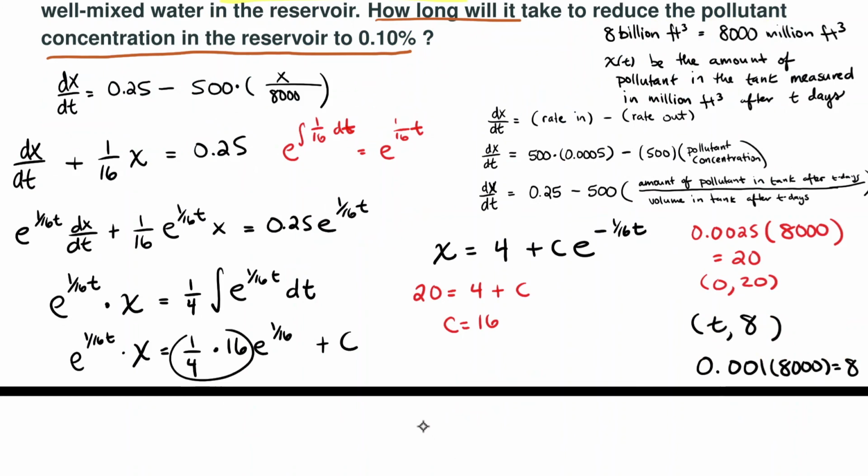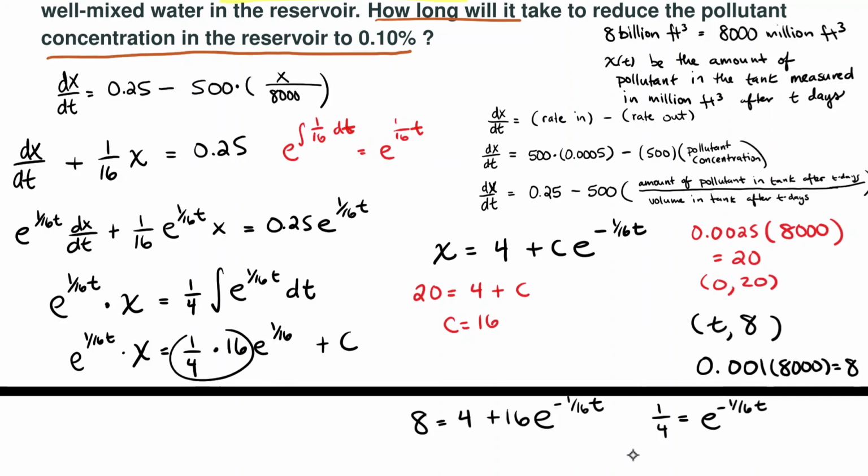So we have 8 equals 4 plus 16 e to the negative 1/16 t, and our t value is unknown. We can solve for this. Subtract 4 from both sides. You get 4 equals 16 e to the negative 1/16 t. Divide both sides by 16, and we get 1/4 equals e to the negative 1/16 t.